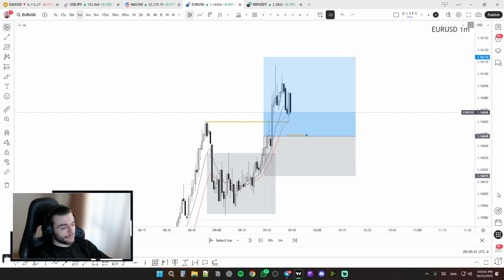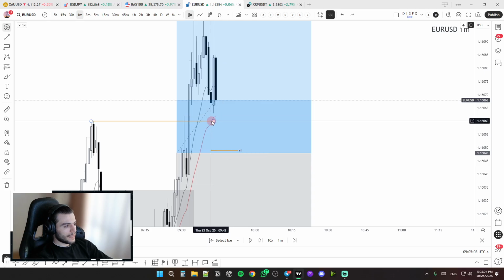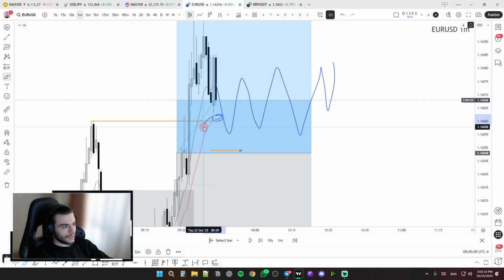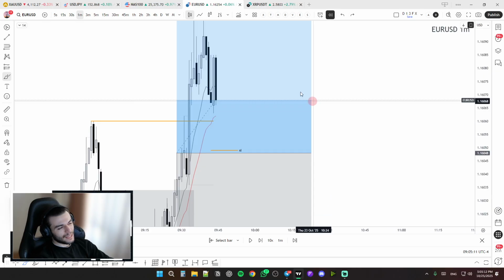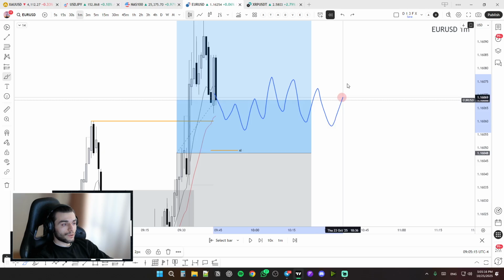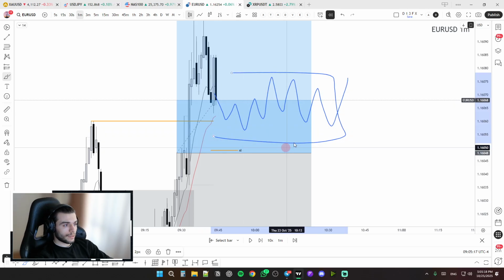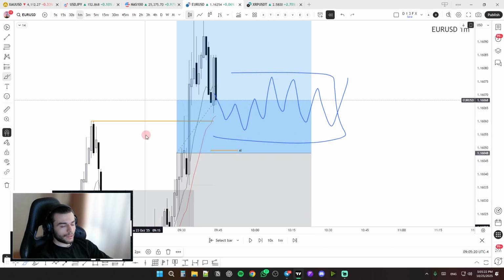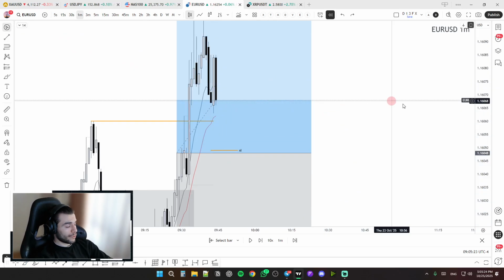Or if you see the market making accumulation or any kind of consolidation next to the 20 MA, it means that it's either going to consolidate for a while or do a deeper correction or even a reversal.